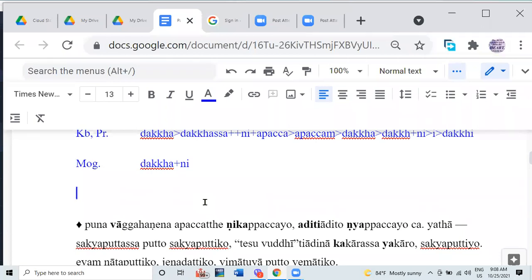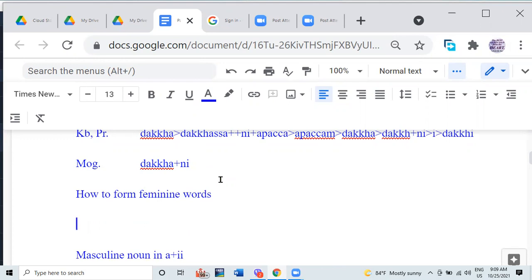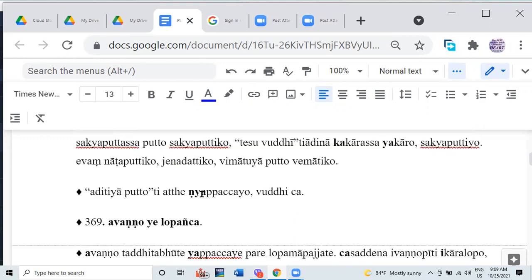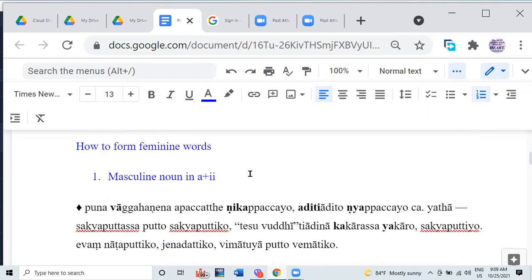Masculine nouns ending in a: if you want to form the feminine word, add the ī suffix.